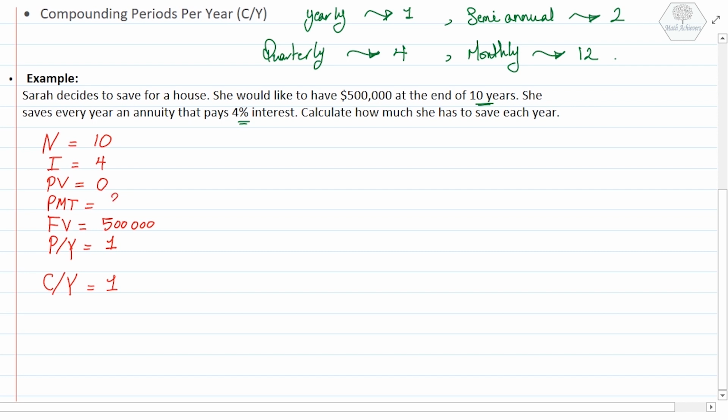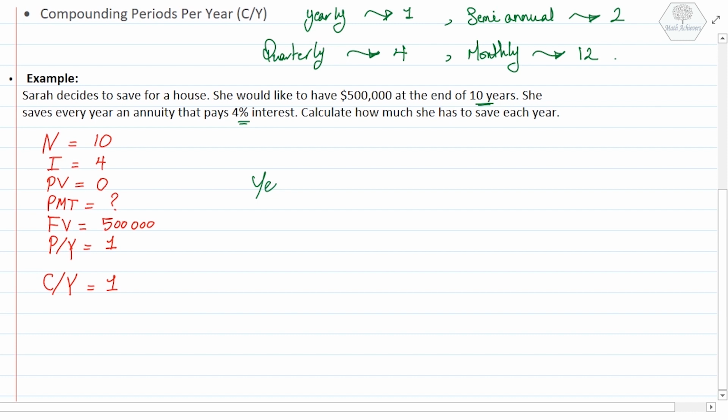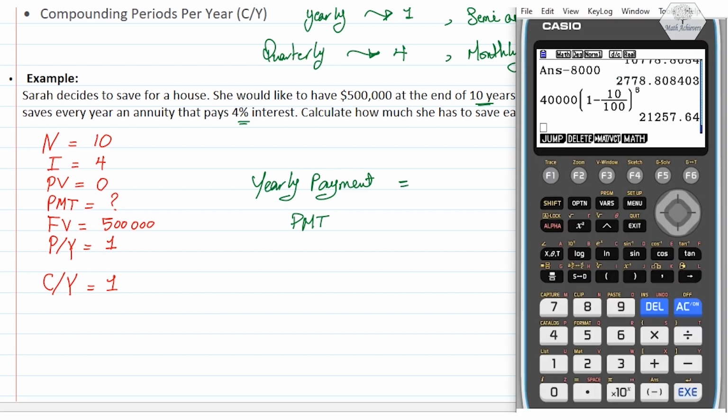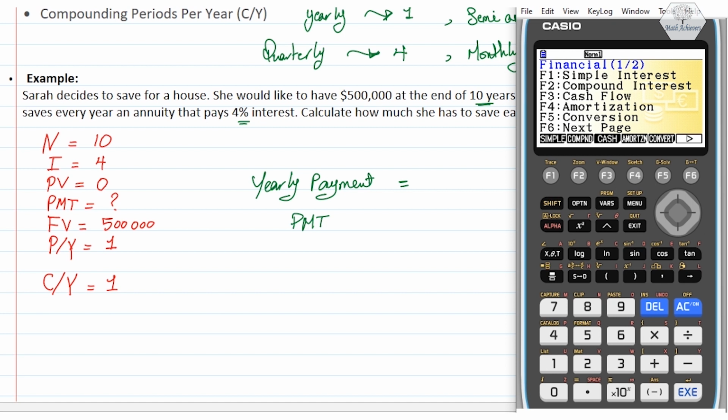Now, to find the PMT, we will use our graphical display calculator. We start our graphical display calculator, we go to menu, and we go to financial. And we execute. In the financial, we go to F2, which is the compound interest.